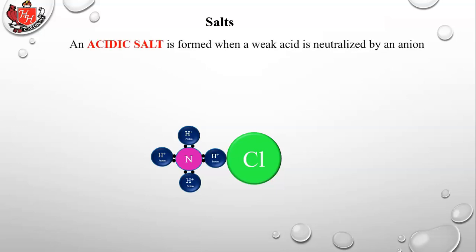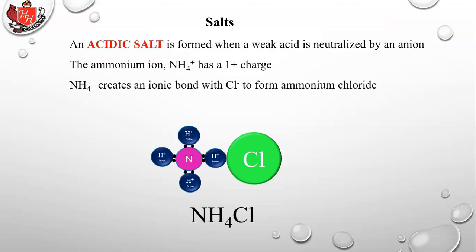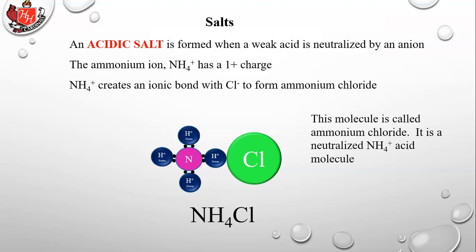NH4+ creates an ionic bond with chloride to form ammonium chloride. This molecule is called ammonium chloride. It is a neutralized NH4+ acid molecule. A neutralized acid molecule is called an acidic salt.